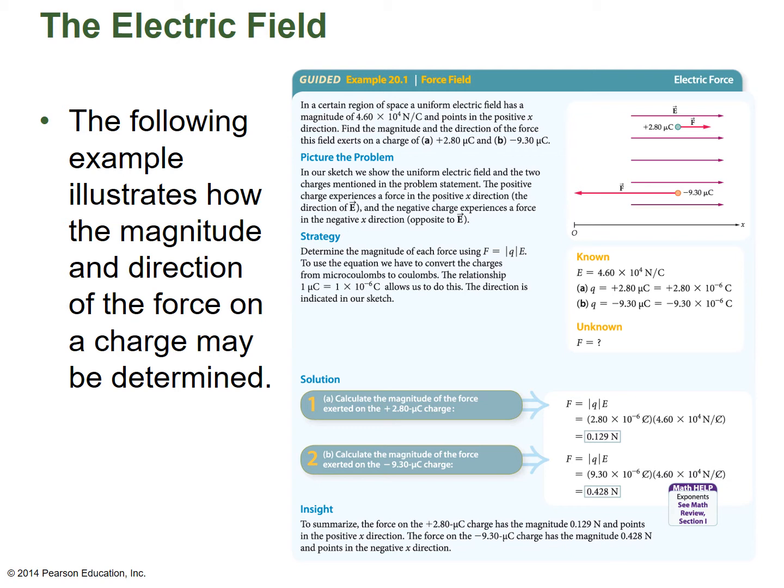If you multiply the magnitude of the charge times the magnitude of the electric field, you will get 0.428 Newton. To summarize, the force on the positive 2.8 microcoulomb charge has the magnitude of 0.129 Newton and points in the positive x direction, while the force on the negative 9.3 microcoulomb charge has the magnitude of 0.428 Newton, but it points in the negative x direction.